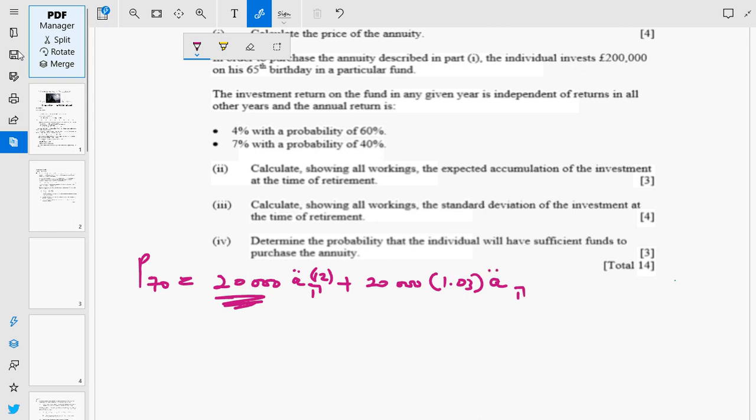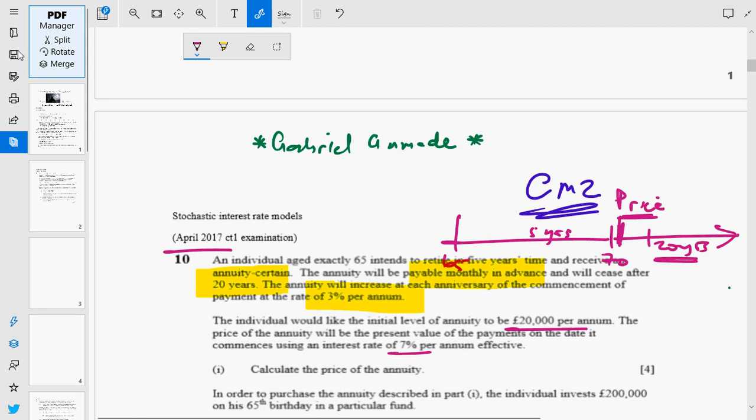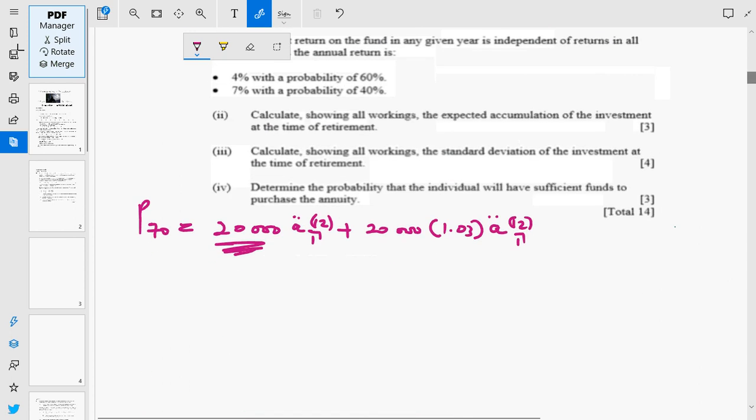in advance, payable monthly. Now, you have to be a little bit careful here, because this is the first year, this is the second year, and you have to take it back to P70. Since this is the second year, you have to discount it by 1 year. So I'm going to multiply this by v.